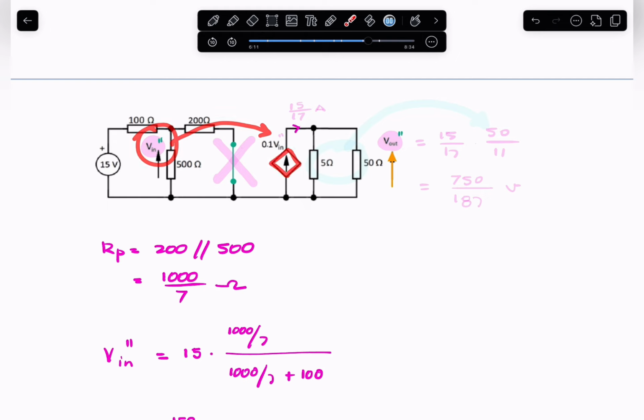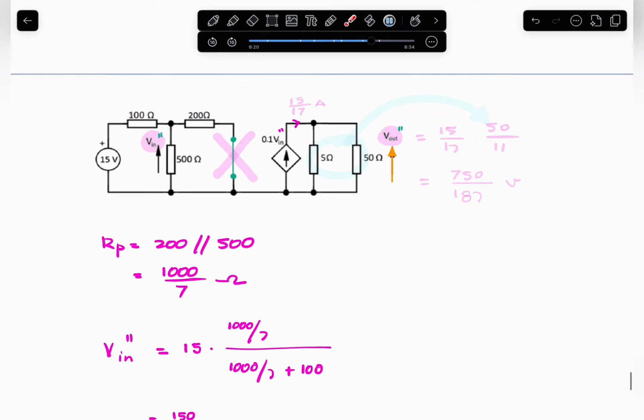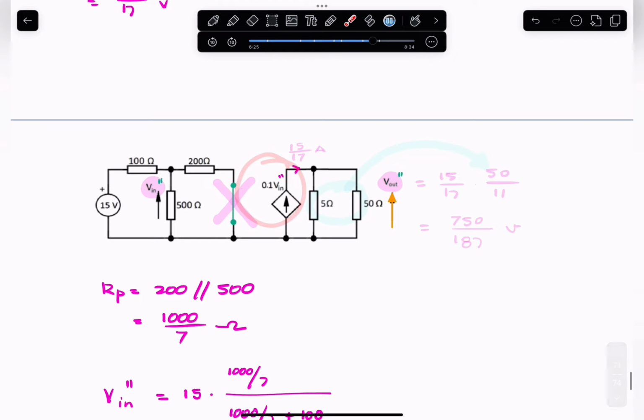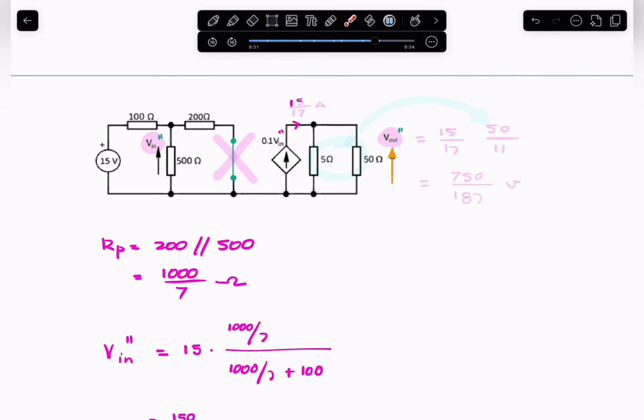So now we know V in, we can find the current in this dependent source, and that current is 0.1 times V in, or times V in double dash, should we say. So that's 150 over 17 times 0.1, so that's 15 divided by 17 amps. Then to find V out, it would be that current multiplied by the parallel equivalent of 5 and 50.